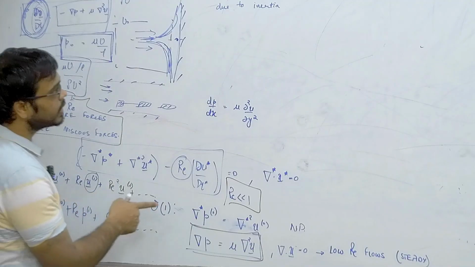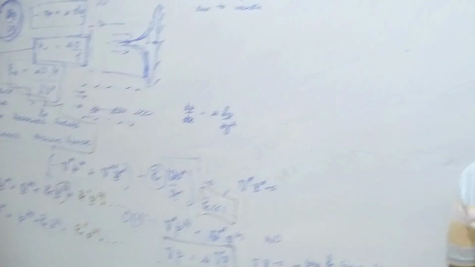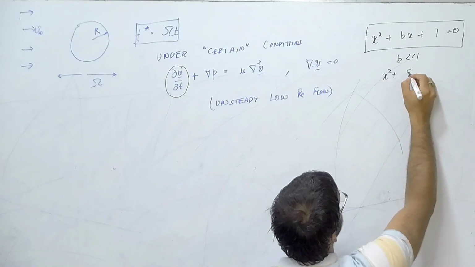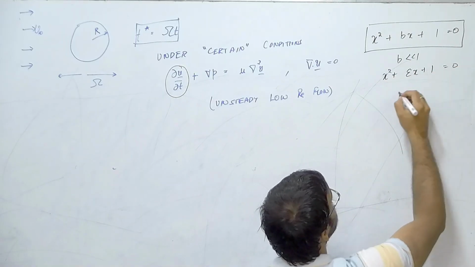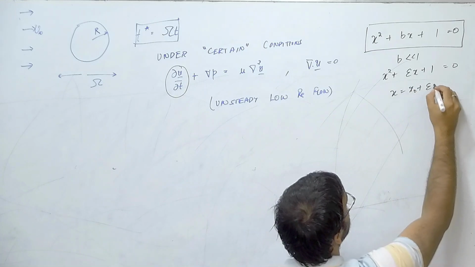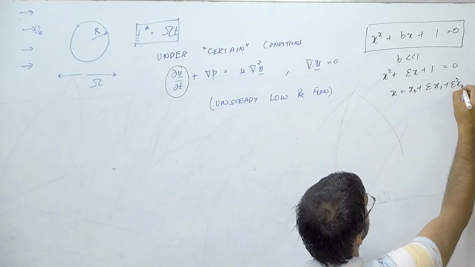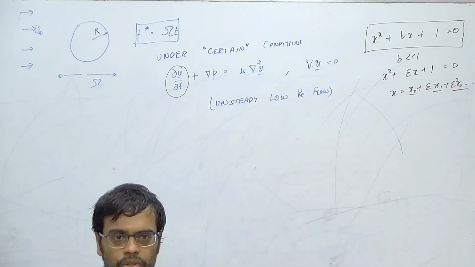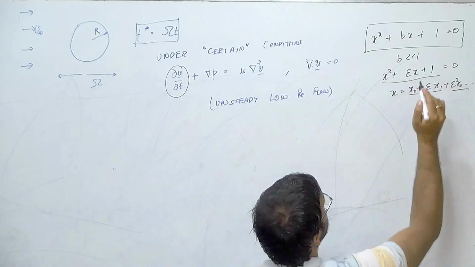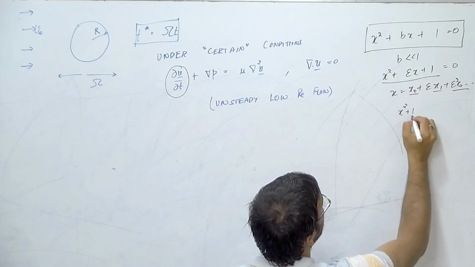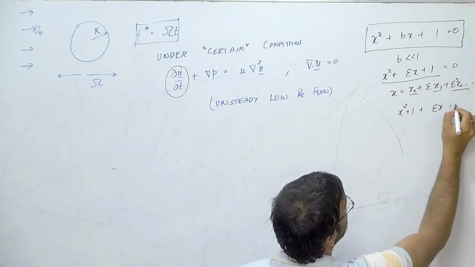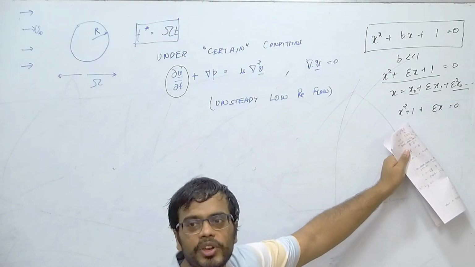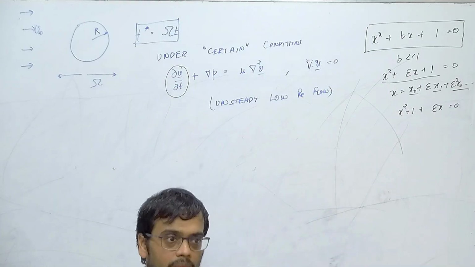If b is much less than 1, so you have this as your equation, then you can say that x is x naught plus epsilon x1 plus epsilon square x2 and so on, and find these corrections. What you should look at this equation as is, x square plus 1 with some correction. So, the solution of this equation should be the solution of x square plus 1 equals 0 with some corrections.